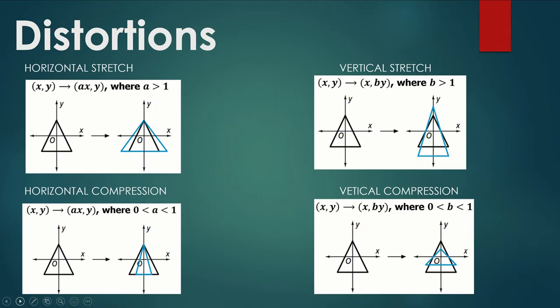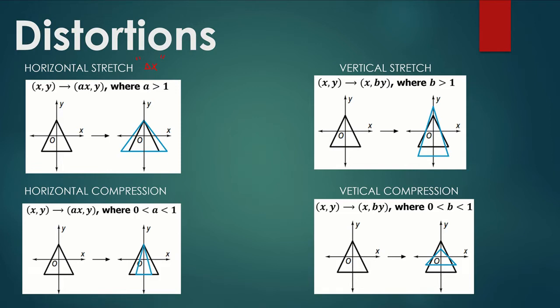So here are the different kinds of distortions if we put some numbers into it. One way you can think of it is kind of like the rule. So the rule for horizontal stretch, let's think about it. If we're talking about horizontal stretch, we're only talking about your x, because that's what controls your left and your right.